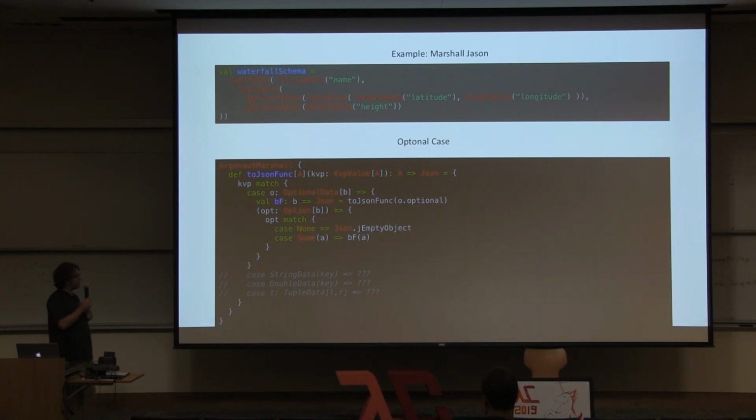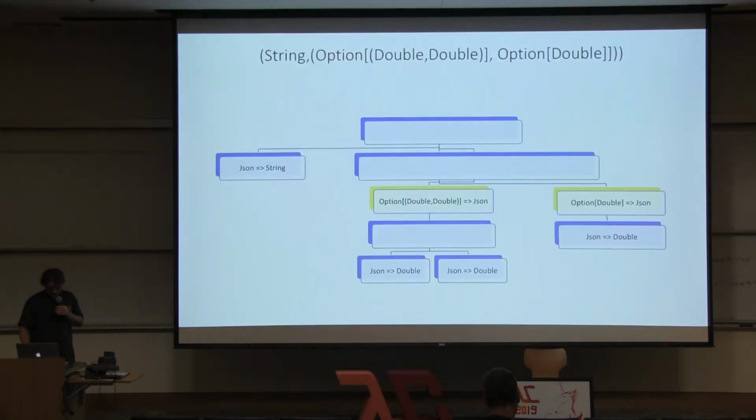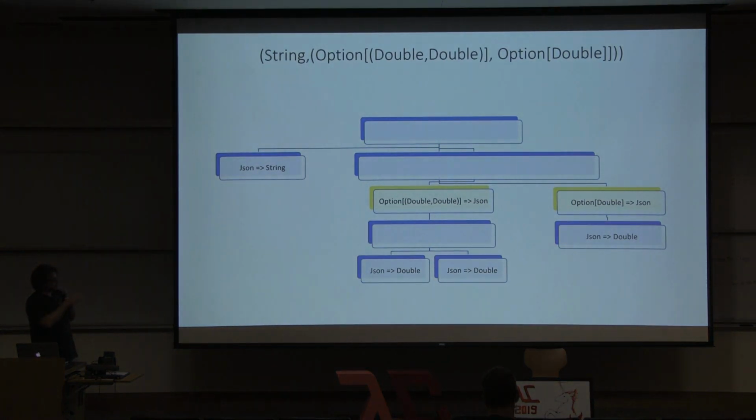And we can match on that. Now in the none case, we return an empty JSON object. And on the some case, we recursively call to marshal the contained data, the contained KPP value. Yep. So that would be filling in the option data right there.